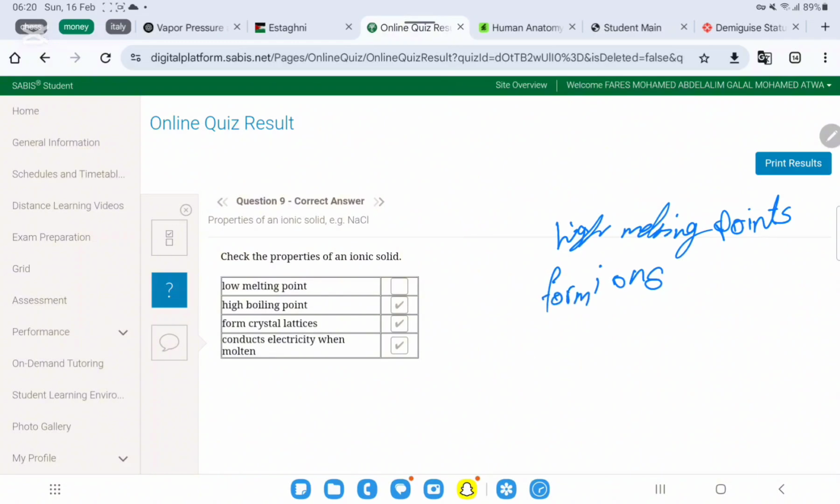Almost all of them, not all of them. And they have the structure of a lattice. So a lattice is a charged ion connected to six other oppositely charged ions, one from each side. So it would look something like that.